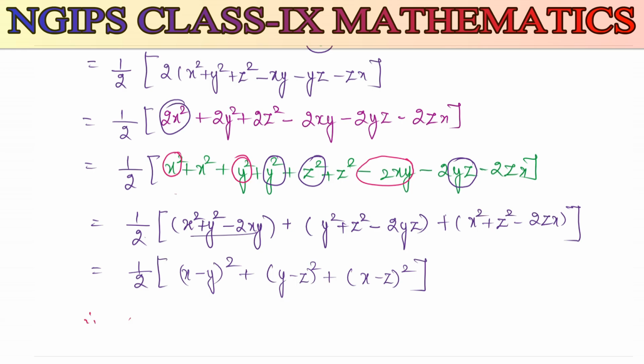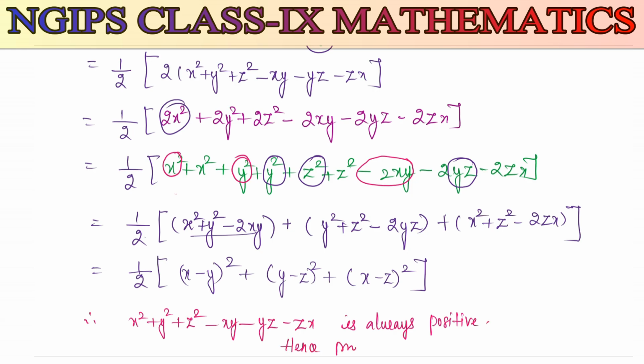Therefore x square plus y square plus z square minus xy minus yz minus zx is always positive. Hence proved. Okay, now we'll move to the next one.